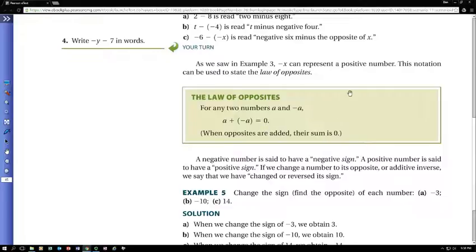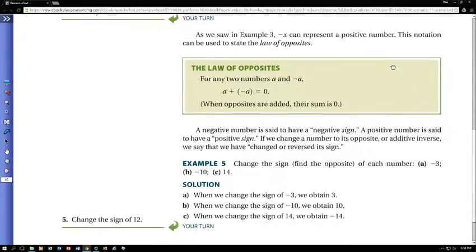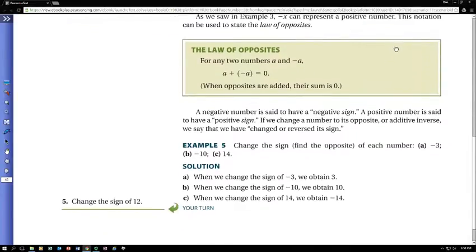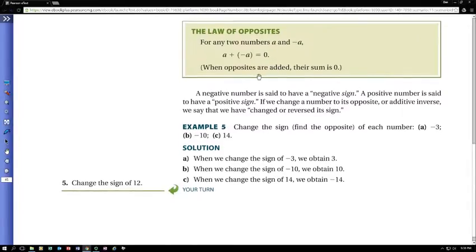Just like when I have reciprocals for multiplication, the definition of reciprocal is that when I multiply those two numbers together, I get 1, which is the identity of multiplication. So here it is for addition: we have these opposites or additive inverses.